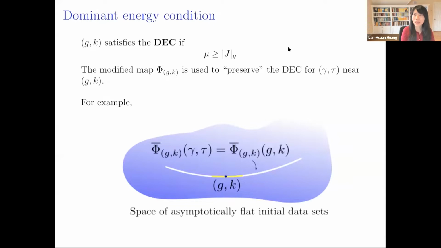There are many different ways to satisfy this property. One example would be if we have g and K which already satisfy the dominant energy condition. We consider the level set, which consists of those initial data which have the same modified constraint value as g and K. Then there's a neighborhood in some abstract, gigantic space of asymptotically flat initial data sets, or it doesn't even need to be asymptotically flat, it's really just a local result. This level set has the property that if g and K satisfy the DEC, then the nearby ones will also satisfy the DEC.